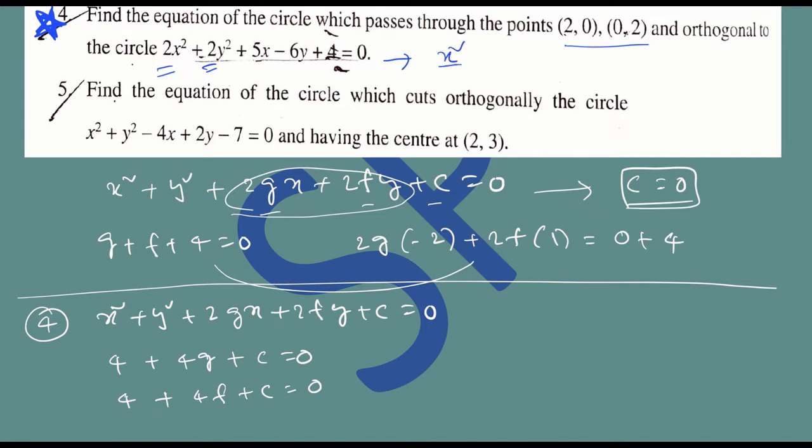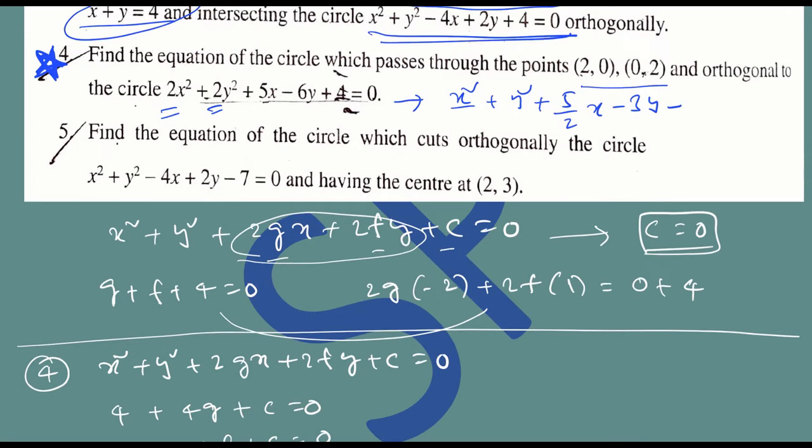I'll get x square plus y square plus 5 by 2x minus 3y plus 2 equal to 0. So when I apply the condition, you can see that here now g is 5 by 4 and here f is minus 3 by 2.